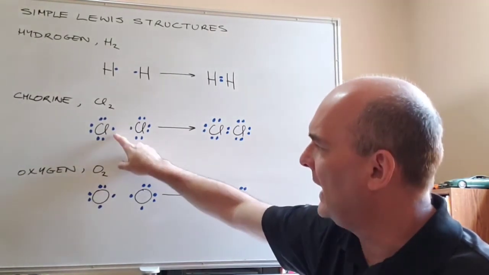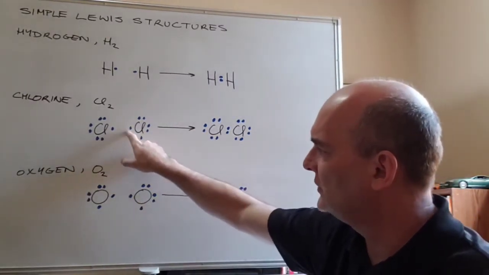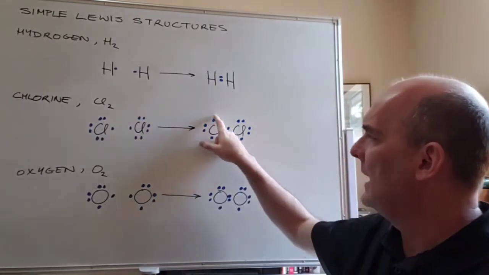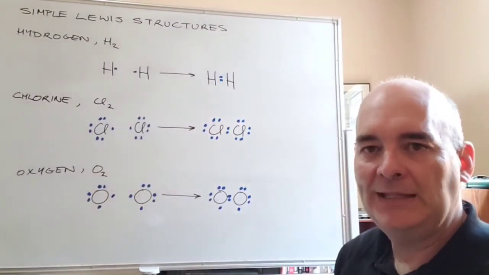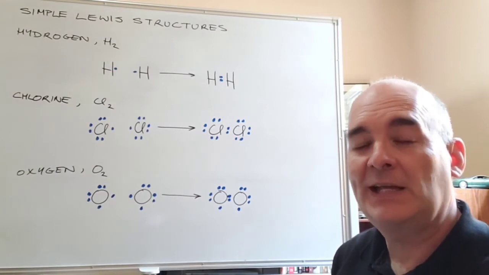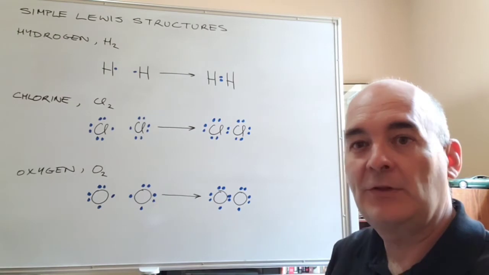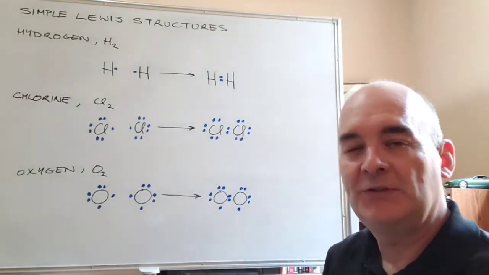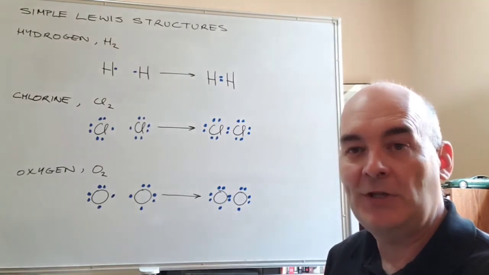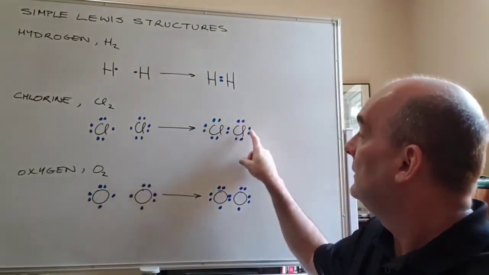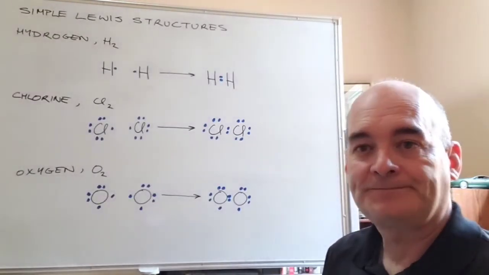So 2 chlorine atoms will combine, they'll share those unpaired electrons, and now this chlorine atom on the left is experiencing 8 valence electrons. It has satisfied something that we call the octet rule. We said to combine atoms until you have 8 valence electrons. That's known as the octet rule. The atom on the right also satisfies the octet rule.